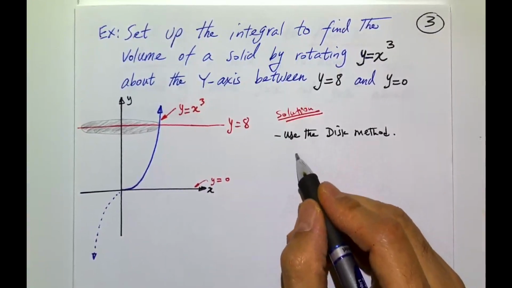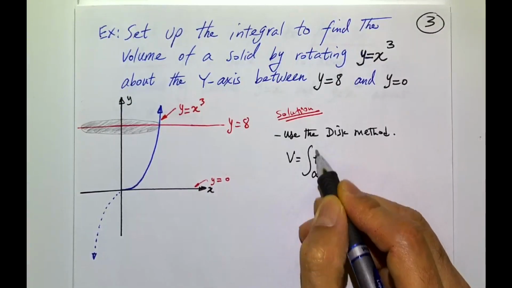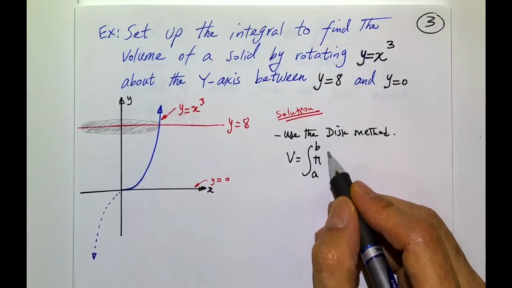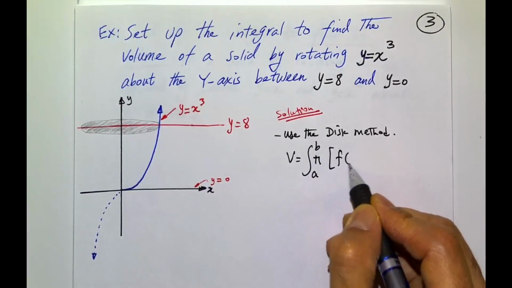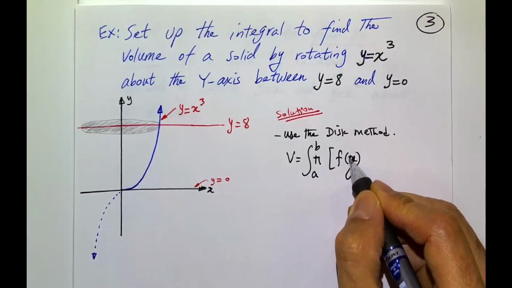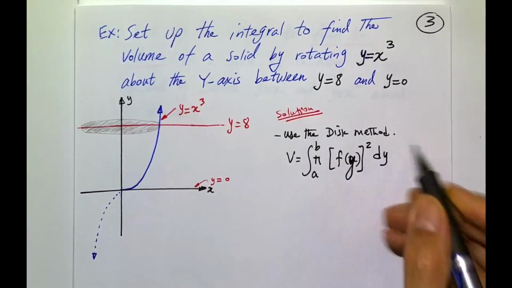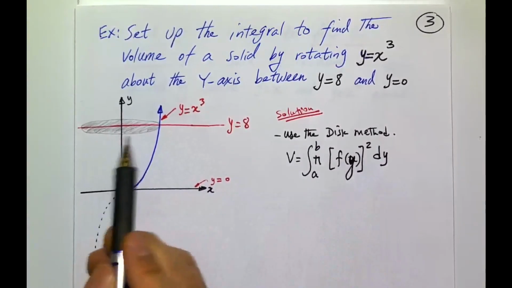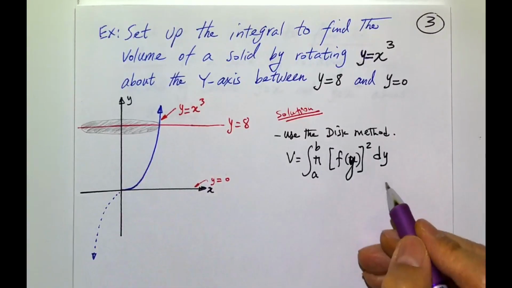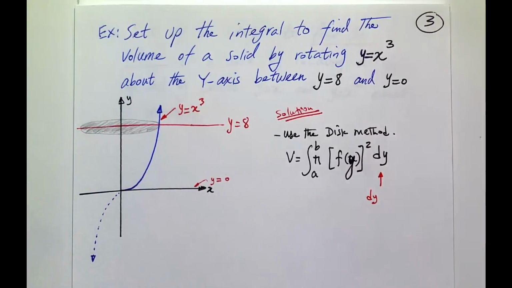So the volume is calculated as a definite integral from a to b of pi times f of x, f of y, I should say, f of y squared dy. dy because we're taking the integration along the y-axis.